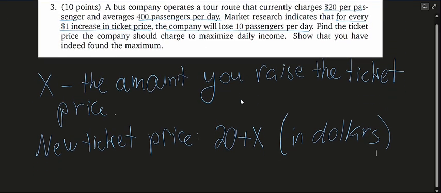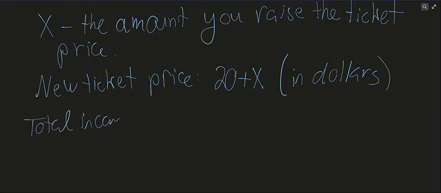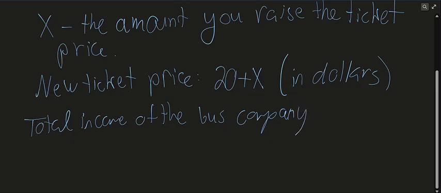Now, how do we find the total income? How do we look at the stream of cash that the bus company is making? Well, the total income of the bus company is, what is this going to be?